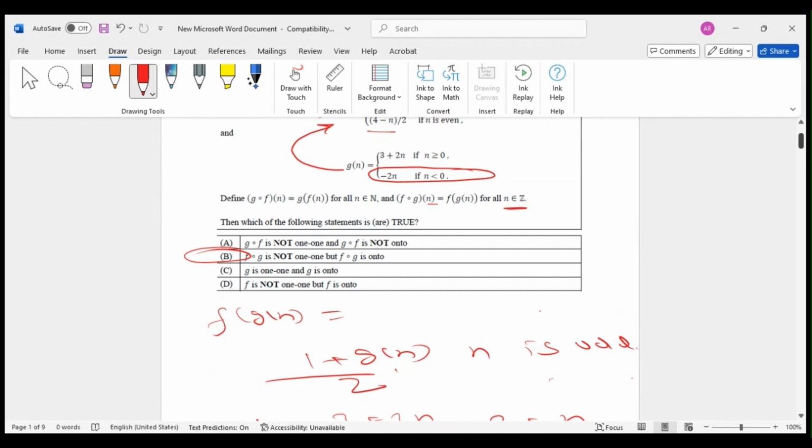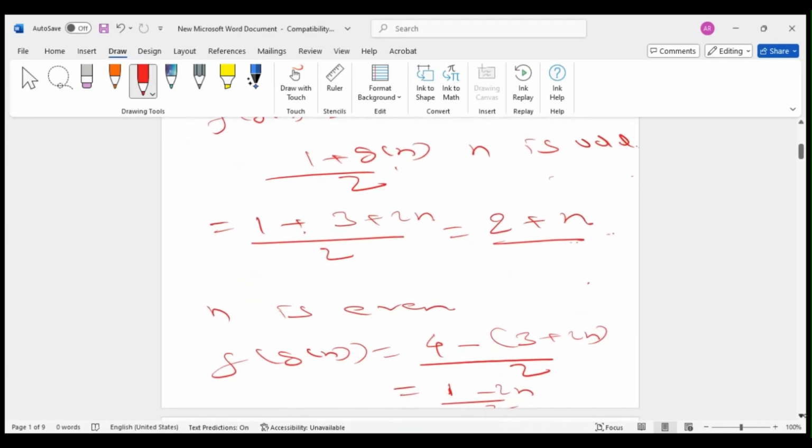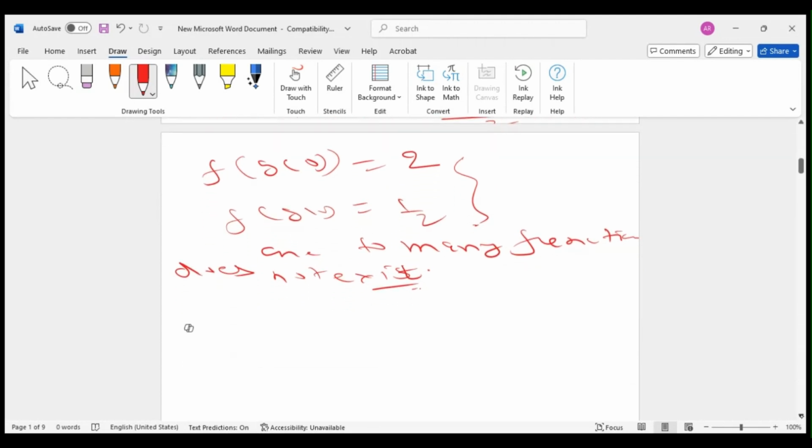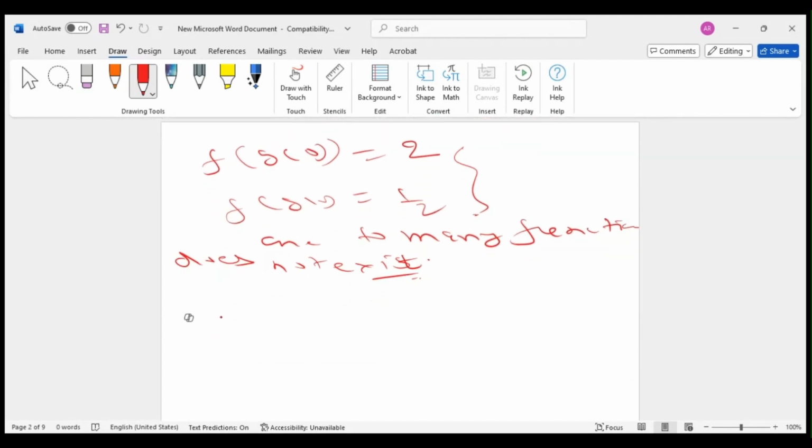Okay, it's not one to one. For the next option, we have to check whether function g is onto or not. Put the value for g, g of 0. We have already found the value of g of 0.